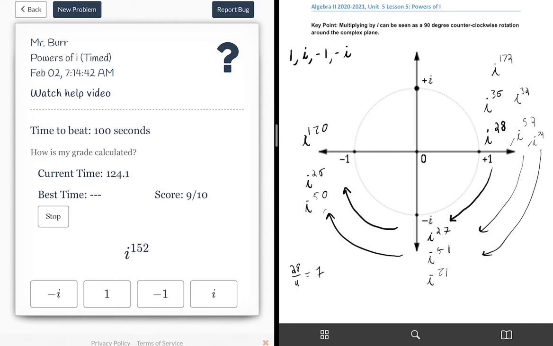That's negative 1. 152, that's divisible by 4, so that's going to be a 1. And yeah, so I got it under 100 seconds there. So that's weird. We never did one that was a plus I. But that's how you can do those quickly. The easiest way to do it is just really use the circle to conceptualize. Remember, all of the I to the 4th, I to the 8th, etc. powers will be at positive 1.